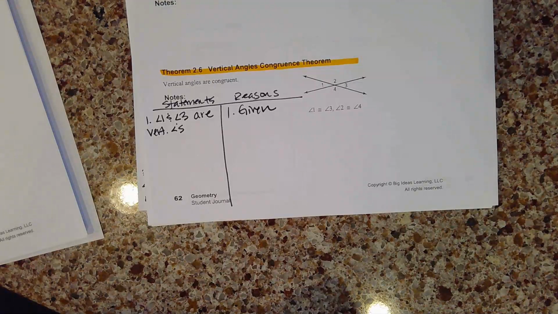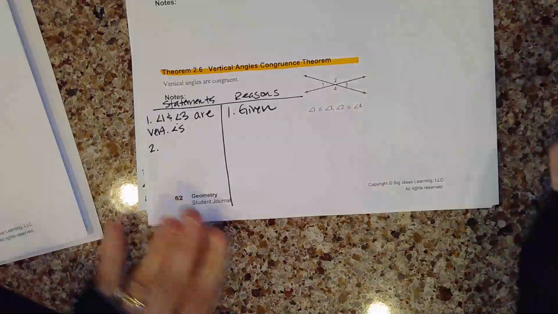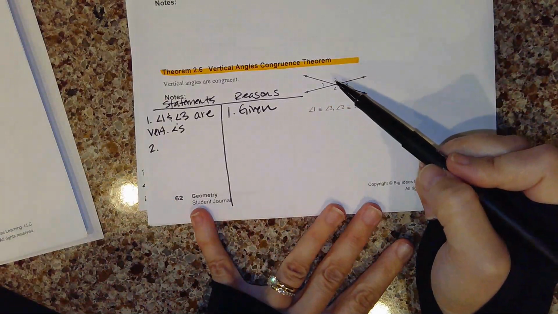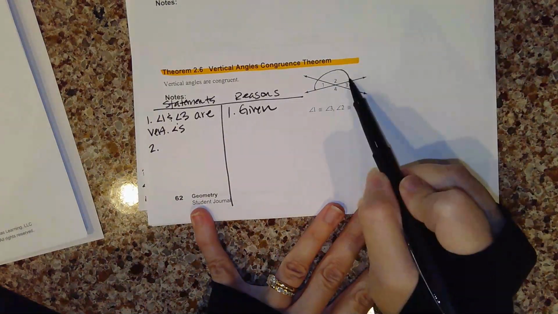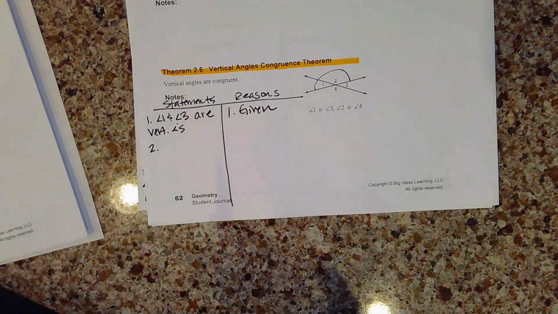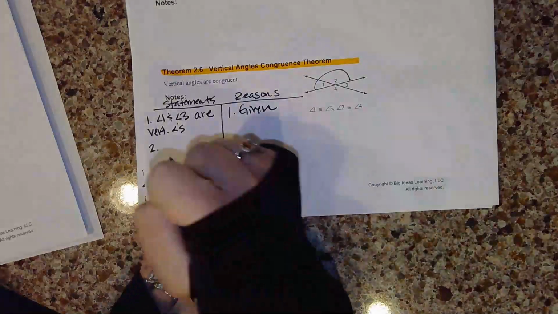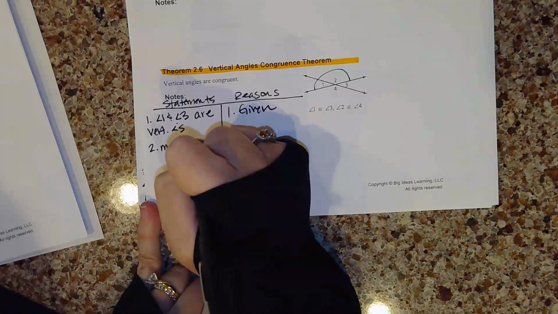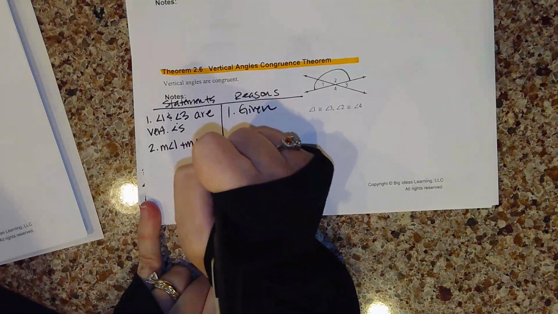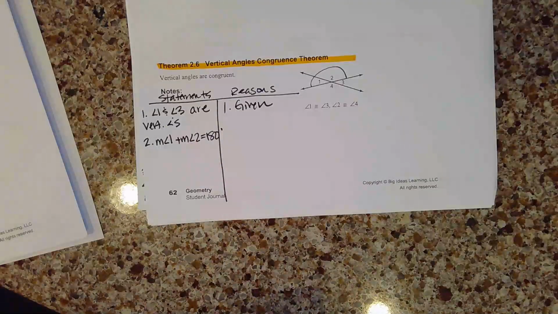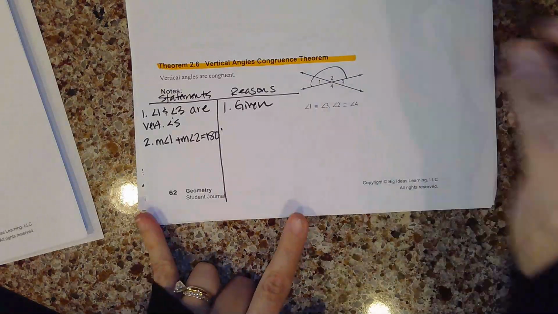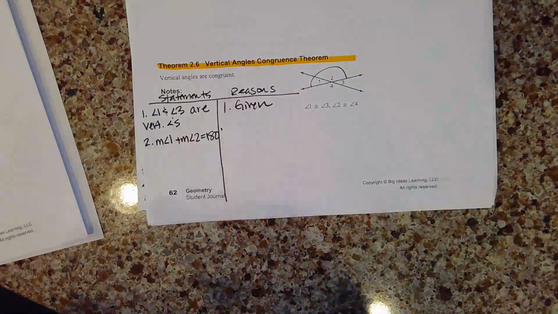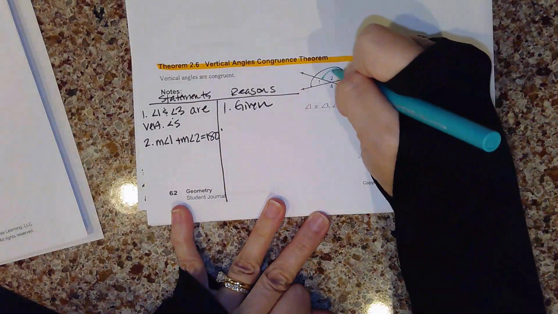What else do we know in this diagram? Well, I know that if I put 1 and 2 together, what does that form? Well, it forms a straight angle, which means that those measures are going to add to 180. So the measure of angle 1 plus the measure of angle 2 has to equal 180. Okay. But then if I put 2 and 3 together, this also forms a straight angle.